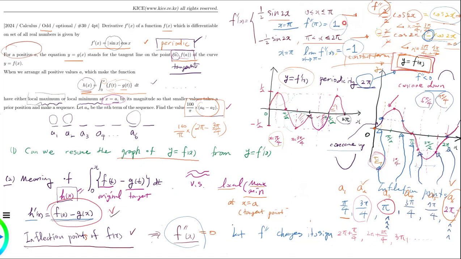So even though the second derivative is non-zero, it changes its sign around the point of x equals pi. So it's the same for the integer times of pi, 2 times pi, 3 times pi, 4 times pi, and so on. This is an extra inflection point.